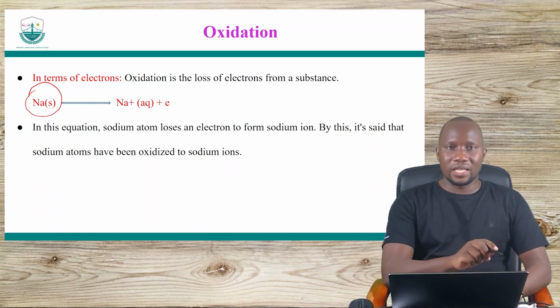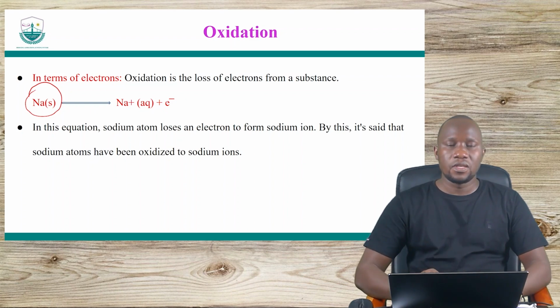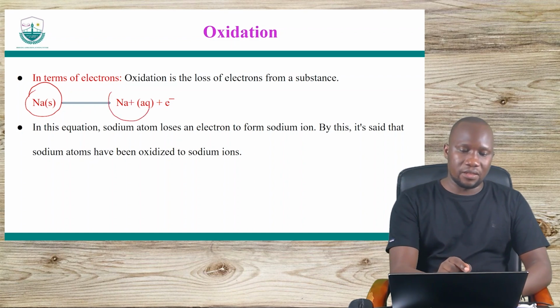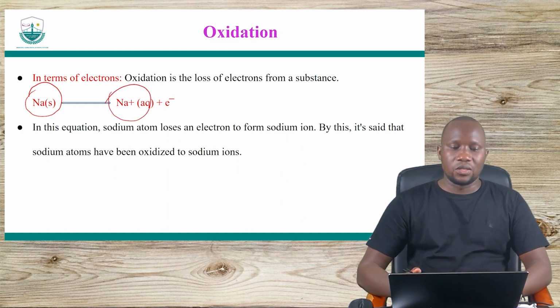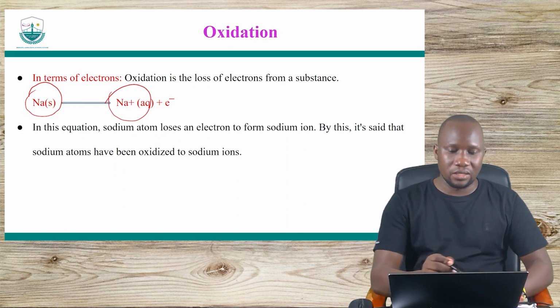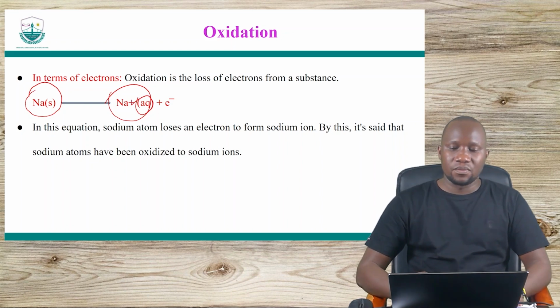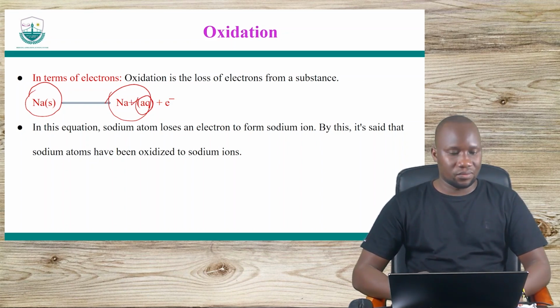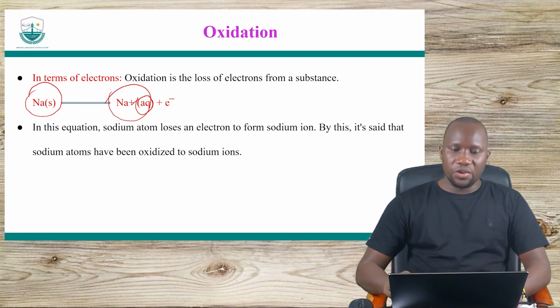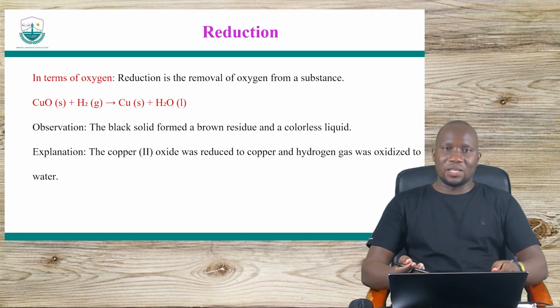When it loses electrons here, it becomes positively charged here. So that happens when it is, of course, dissolved in solution. That's why we have that aqueous state, and that is an oxidation reaction. So reduction is basically the opposite of everything that we have just talked about.